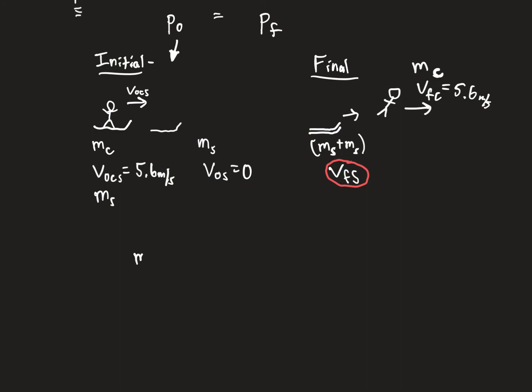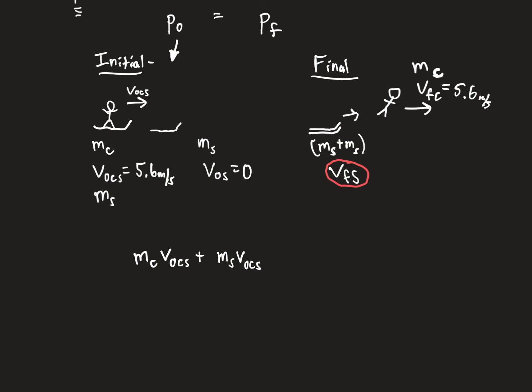I have the mass of the child times the initial velocity of the child plus the sled. Right, that's the kid riding on the sled and they're going along. Plus the mass of the sled times the velocity initial of the child and the sled, because the child's sitting on the sled, so the sled has that momentum as well.